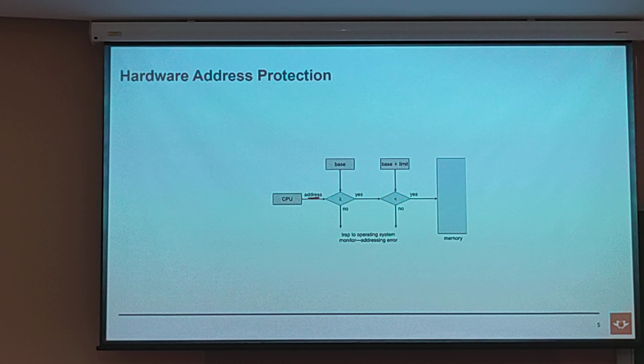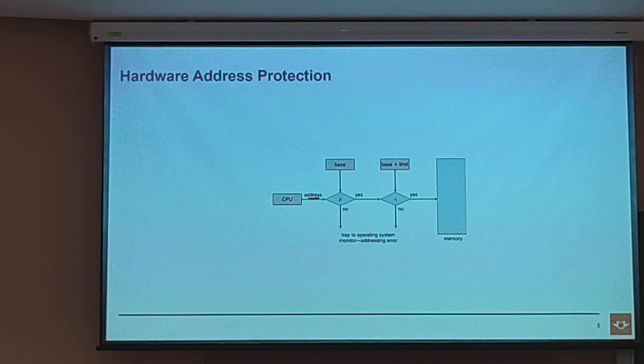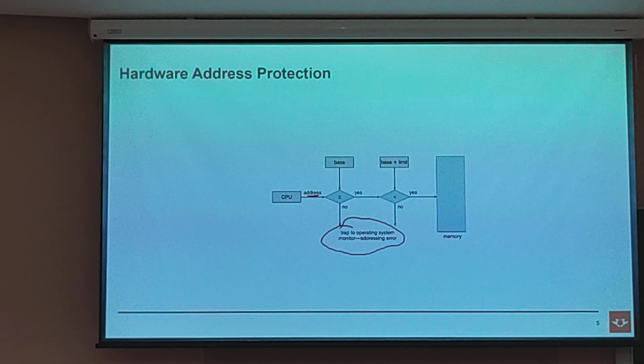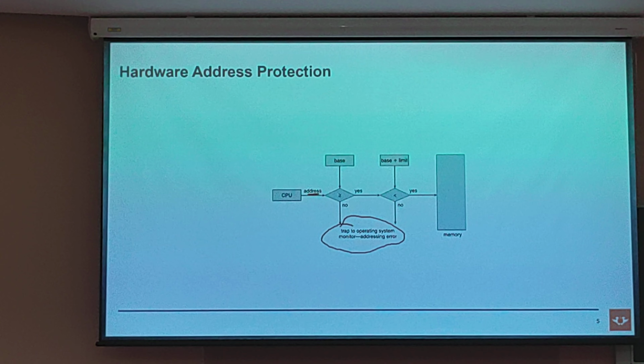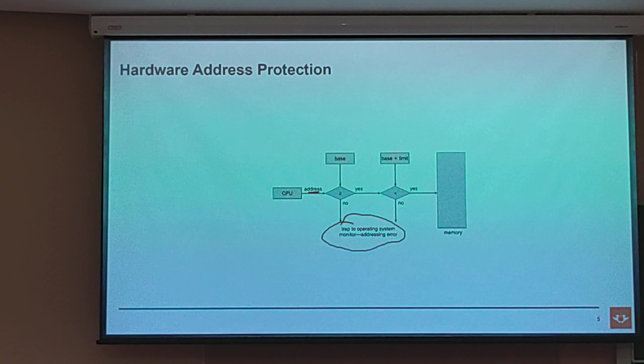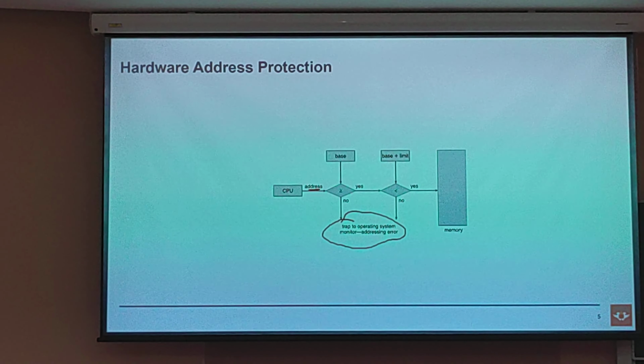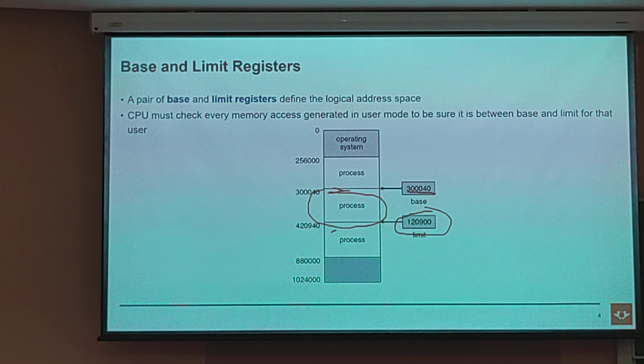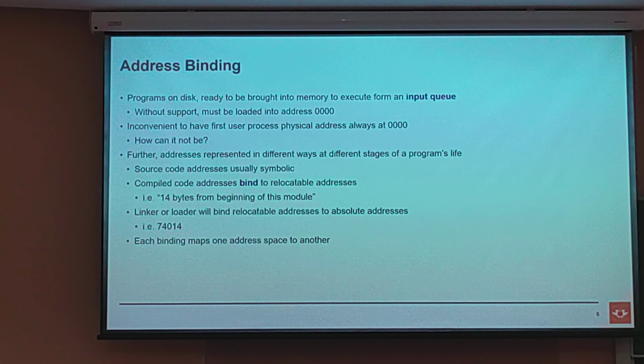If it's not within these ranges, meaning the base register or the limit register is incorrect, and you try to access something, then a trap will occur. A trap in the operating system basically means there's an address error, so you're trying to access something not belonging to your process. So that's the first thing you need to understand: the base register and limit register help you position exactly where in memory we have our process.